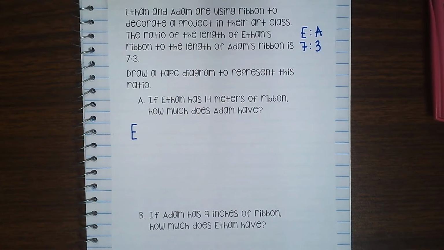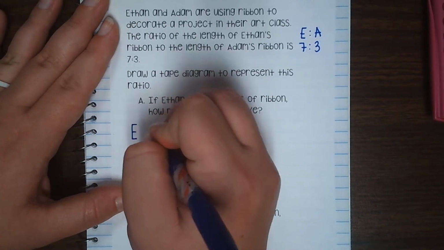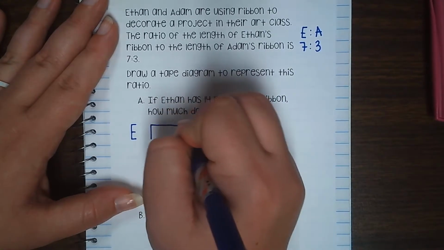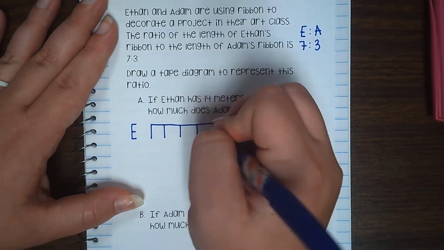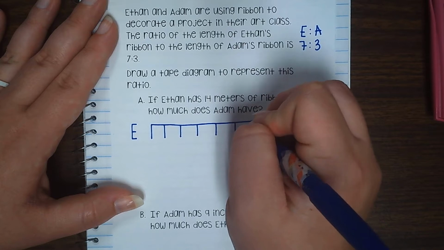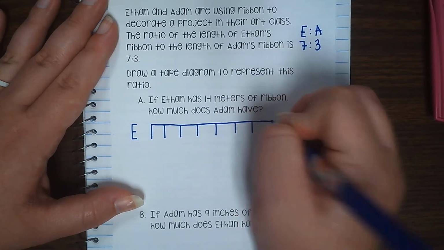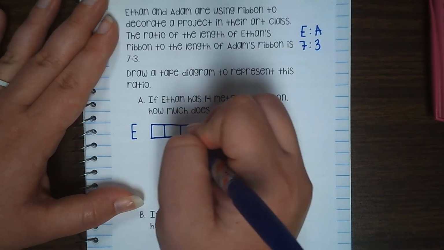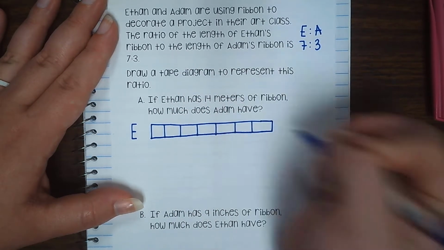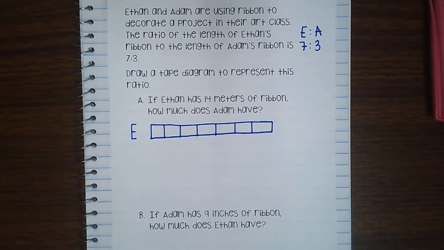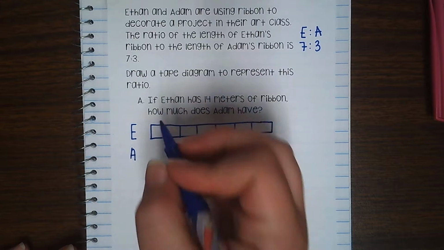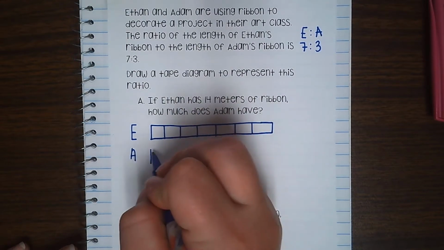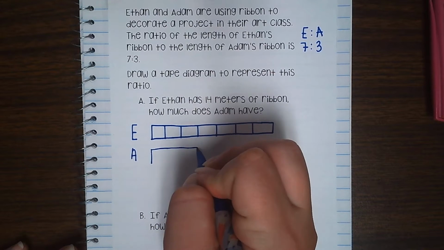If Ethan has 7, we're going to draw 7 boxes. And I try to get them as even as I can. Sometimes I'll even get out a ruler because I just like to be that precise. And Adam has 3. So I really want to make sure that my 3 line up with Ethan's 3.